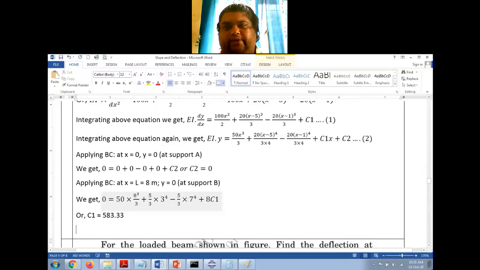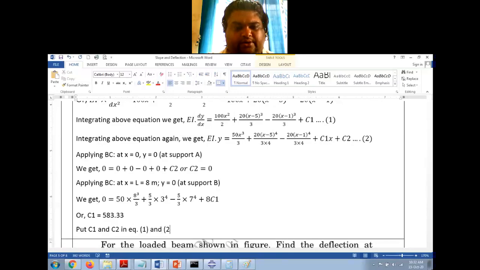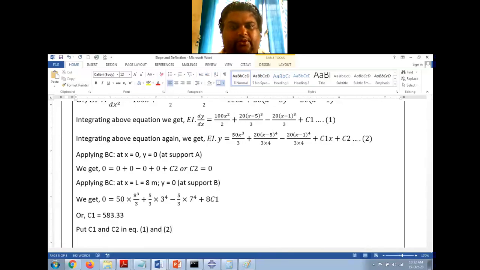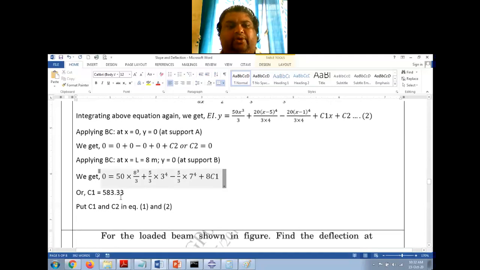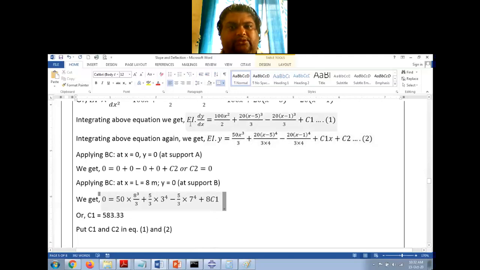Now I have to put the values of C1 and C2 in equations 1 and 2. I will get the general deflection equation and general slope equation, right? So put C1 and C2 in equations 1 and 2. See, until this point, it is common for all the numericals. You have to do all these things. So I'll just copy this.